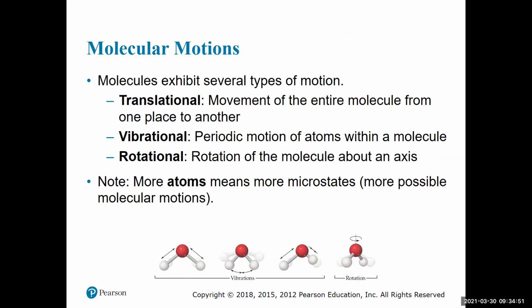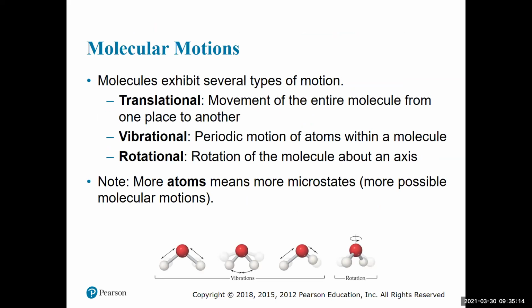There's another type of microstate that we are concerned about, especially in chemistry, and that's molecular motions. And molecular motions are pretty neat. Like I said, the other stuff is okay, but this really gets down to more chemistry and bonding and things like that. So let's talk about this for a little bit.